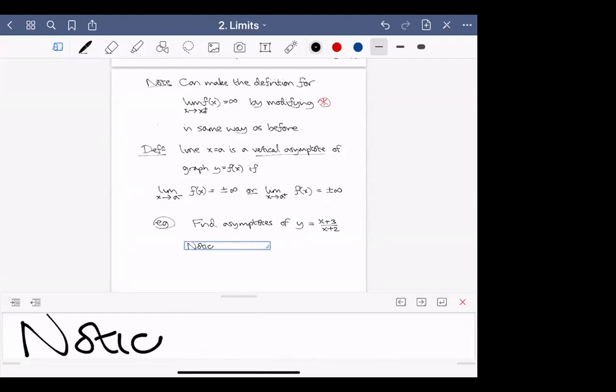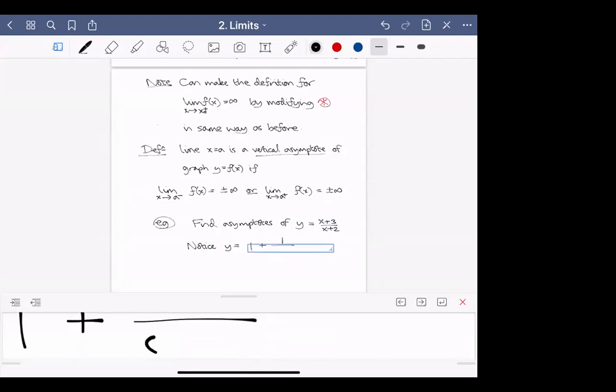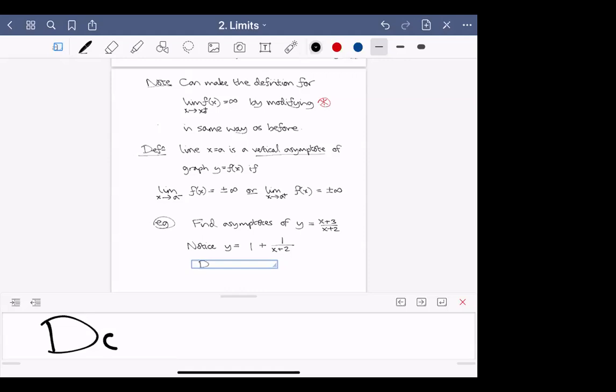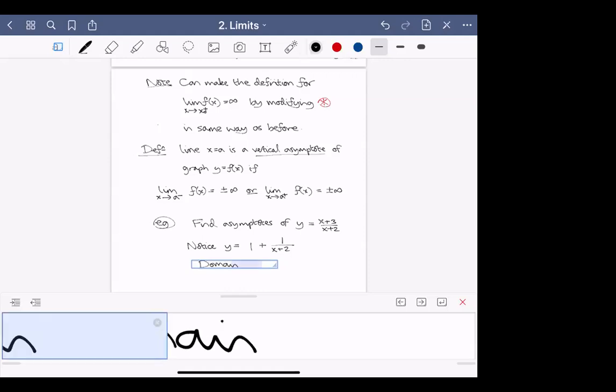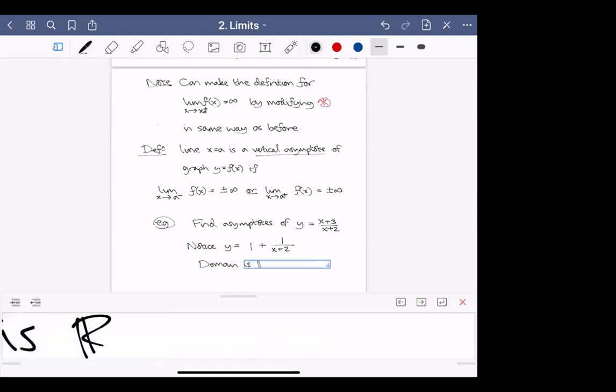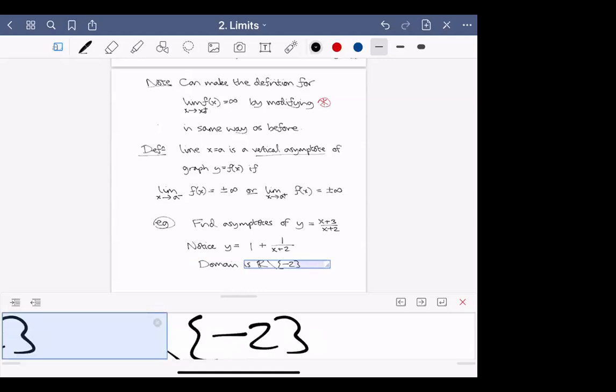So notice y can be written as 1 plus 1 over x plus 2. And we can see that the domain is R but not minus 2.